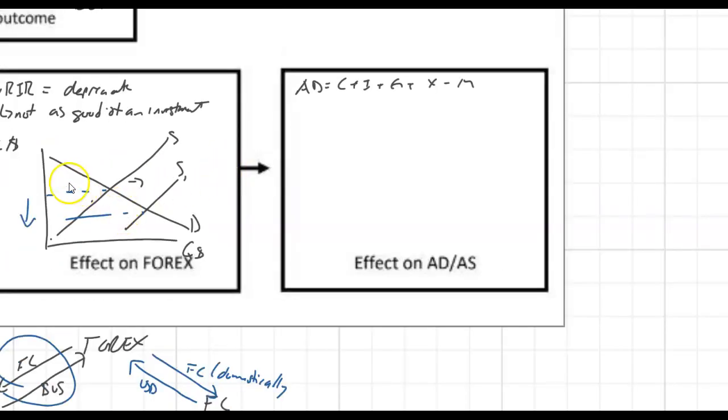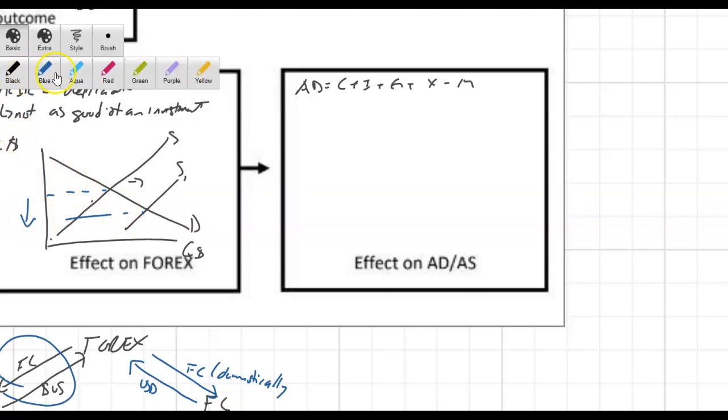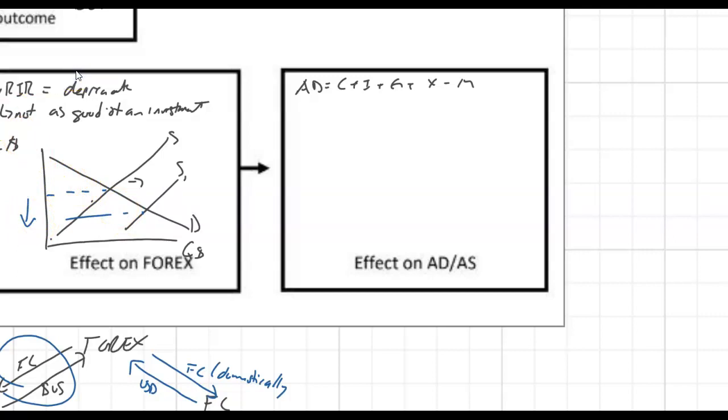If the US dollar has now depreciated, then it's now cheaper to buy stuff from the United States, right? It used to be that one foreign currency could buy $1 US, and now $1 US can only buy something like, I don't know, a half, which means that same foreign currency can buy twice as much.